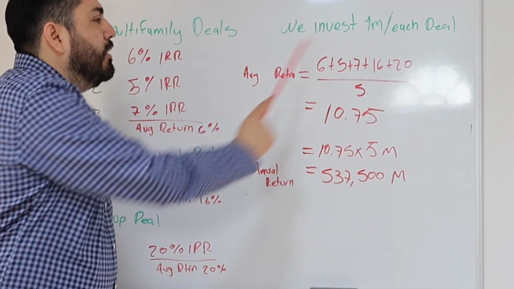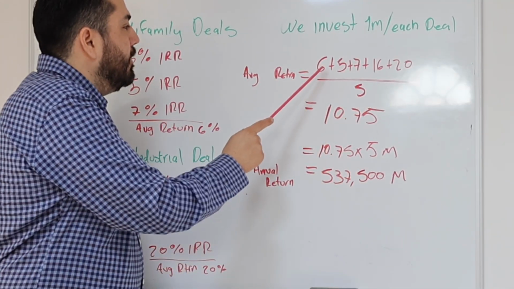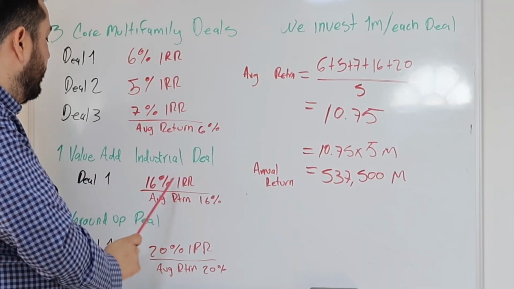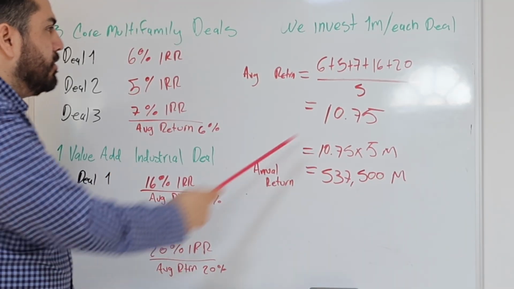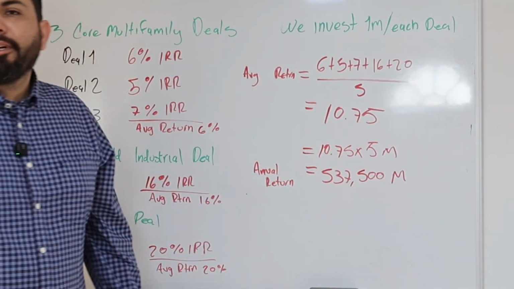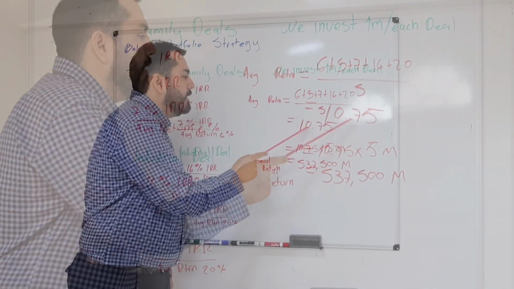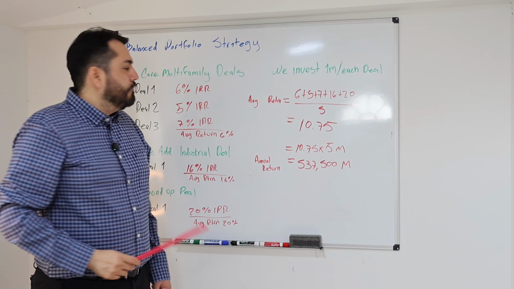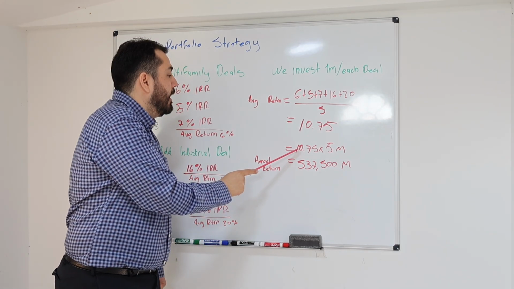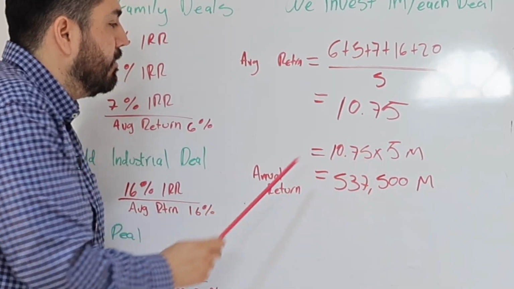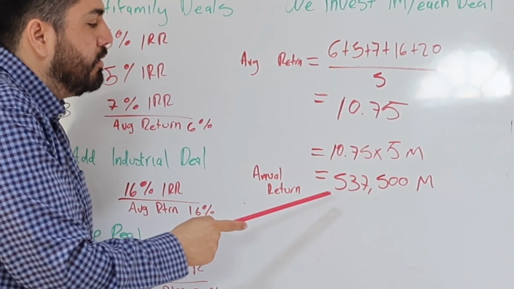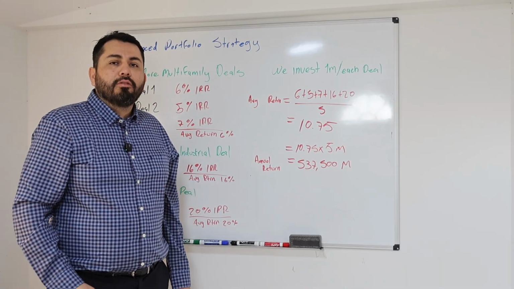So we only do the math here. We sum up 6 plus 5 plus 7 plus 16 plus 20, and we divide it by 5, and we have the average internal rate of return here, which is 10.75%. So if we invested 5 million here, we only multiply the internal rate of return by 5 million, and we get an annualized return of almost $500,000.